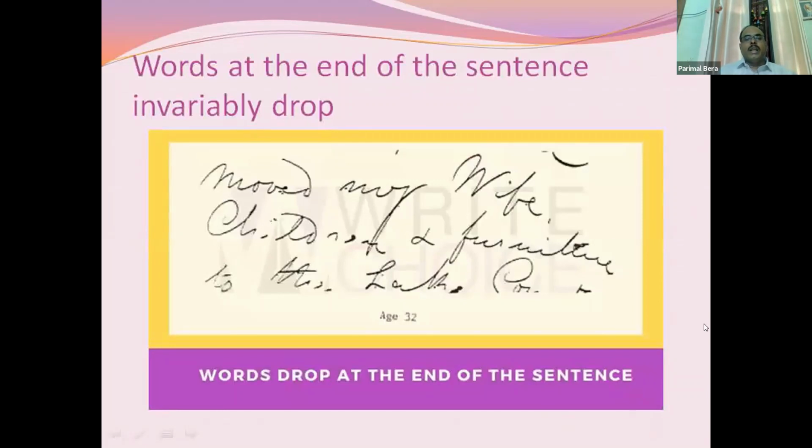And please see this line. It is very important. Here the word at the end of the sentence is invariably dropped. If you see the last line, for the last words and the last letters, it is invariably dropped. The words drop at the end of the sentence, and in each and every sentence, the last word and the last letter of the words is dropped. So this is one symbol.